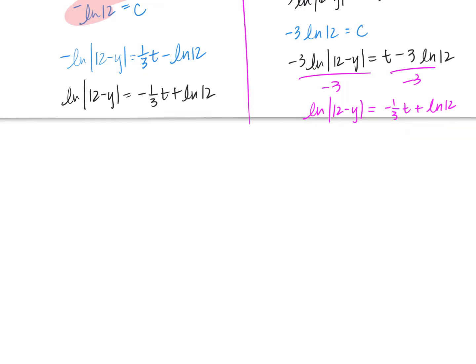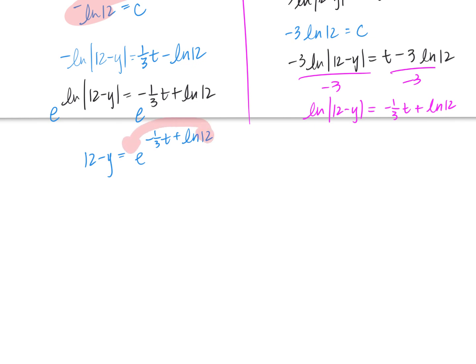Now that we got my ln to be positive, now we can go e it. So we got 12 minus y. The reason I can get rid of my bars is 12 minus 0 is 12 and it's positive. And then I'd have e to all of that: negative 1/3 t plus ln of 12. So you could put the 12 in front, right? Yeah, that 12 can totes go there.